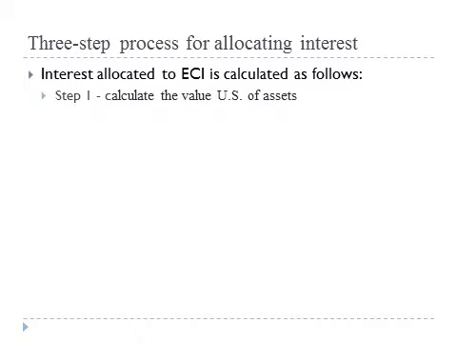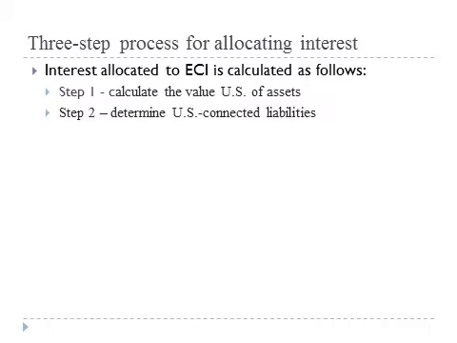Step 1. Calculate the value of U.S. assets. Then, determine the amount of U.S. connected liabilities by multiplying U.S. assets times a fraction determined by dividing worldwide liabilities by worldwide assets.